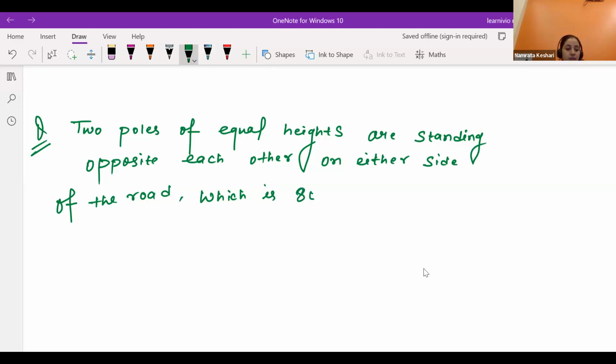which is 80-meter wide, from a point between them on the road.